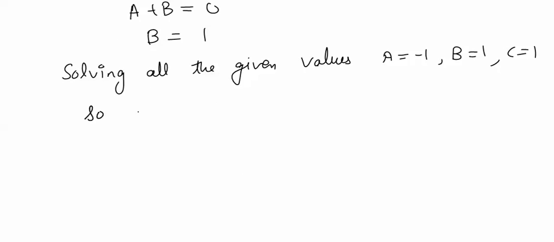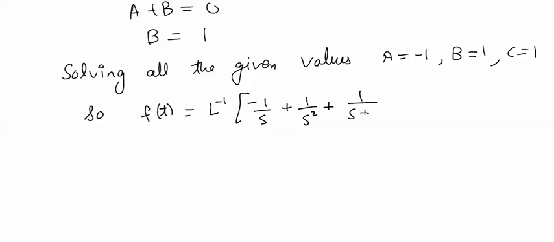So f(t) basically, now I can recognize f(t), right? f(t) will become L inverse of minus 1 by s plus 1 by s square plus 1 upon s plus 1. This can be written using the linearity property.